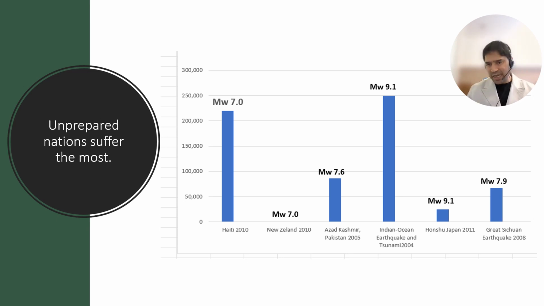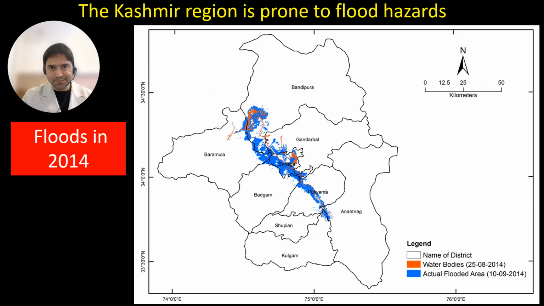So disasters happen mostly because we as humans do not take action before. And wherever actions have been taken, for example, in Japan, parts of the US and New Zealand, we have seen it decrease the tendency of hazards to turn into disasters.